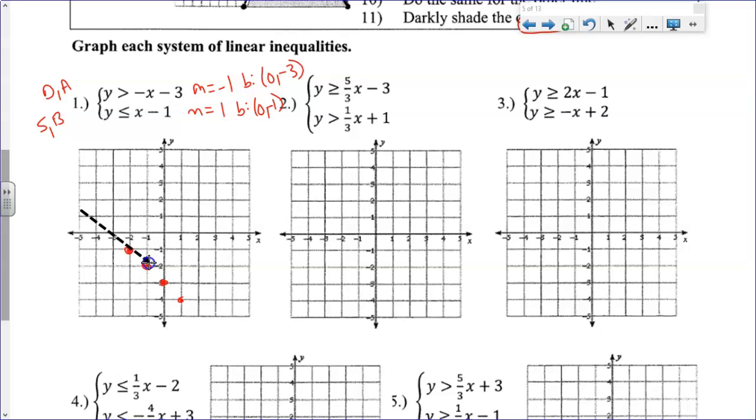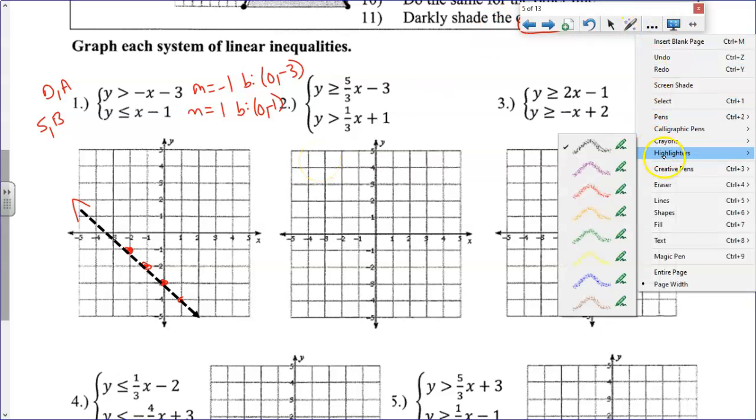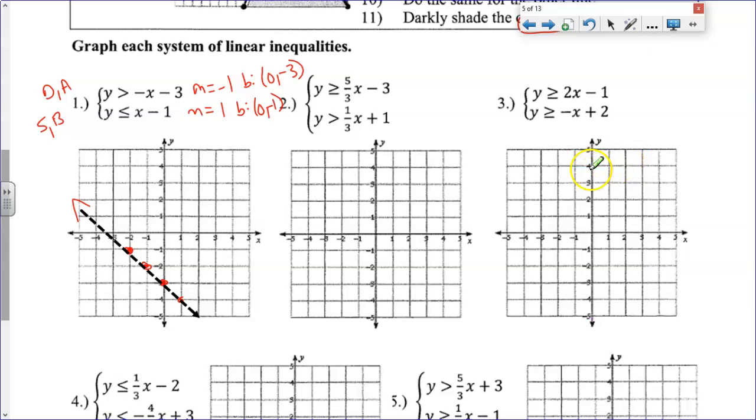Alright, so it's going to be a dashed line, and then I am going to draw an arrow. Okay, so it is dashed. It's greater than, so that means I'm going to shade above the line. So we're going to highlight above that line here.